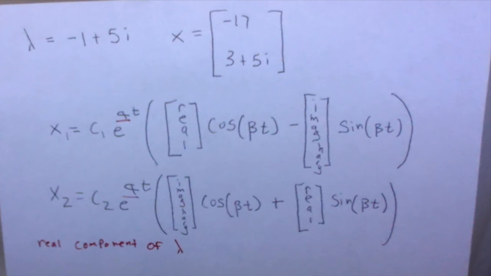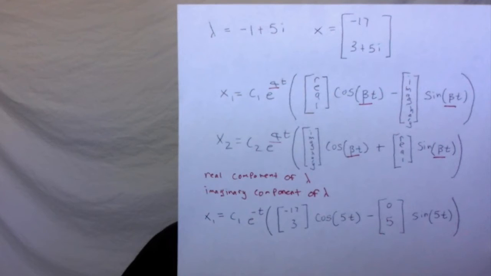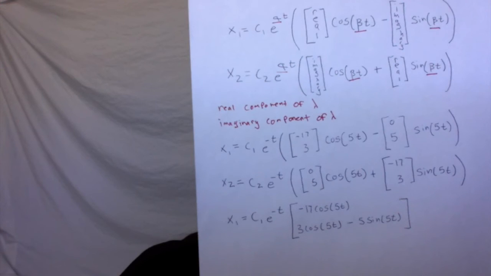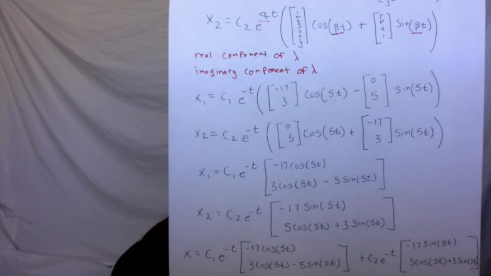Alpha represents the real component of your eigenvalue, and beta represents the imaginary part of your eigenvalue. Correctly inputting the real and imaginary components of both your eigenvector and eigenvalue into these formulas will end up giving you your solution. Next, you can simplify each of your terms so that they have just one vector in them. Last, you add both of your terms together to get the full solution.